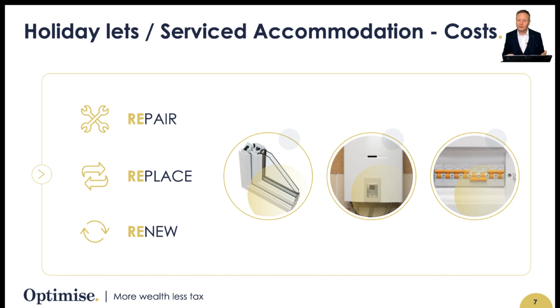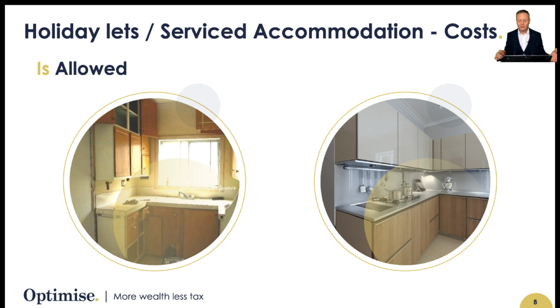Fuse boxes, boilers, you name it, they are all replacements, even though technology has moved ahead. So please do not be fooled by your accountant that sees this as a capital expense, which then you cannot offset against your property income. Make sure you challenge your accountants to get the right cost offset. Now, I always say that you need to consider the phrase like for like.